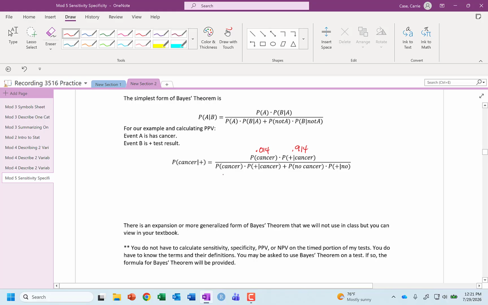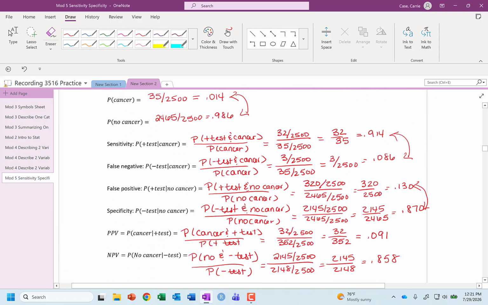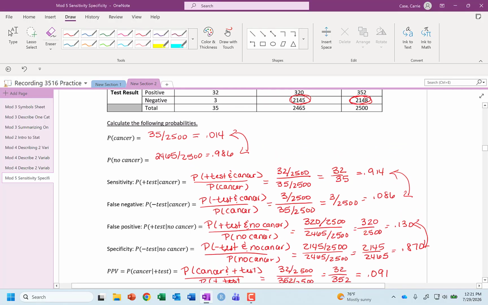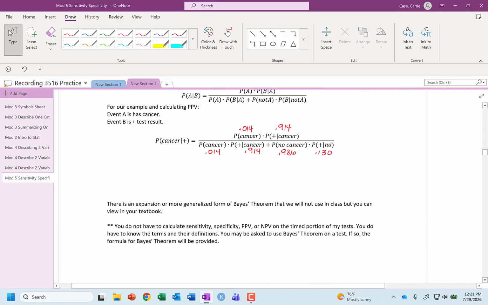And then that's going to be in the denominator too, plus the probability of having no cancer is 0.986, and probability of having a positive test result given no cancer is 0.130. And I just pulled these numbers from all of our test results above in our probability math.